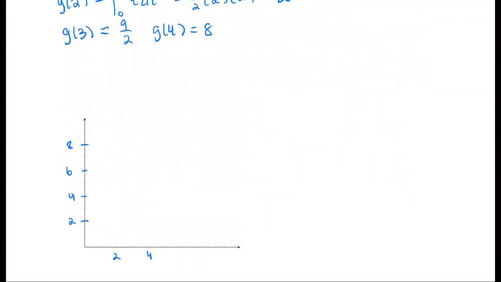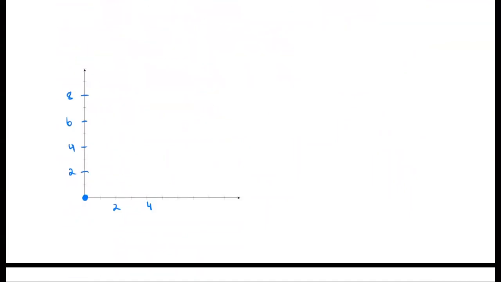So g of 0 is 0, g of 1 we said was a half, so that's going to be about here. g of 2 is going to be 2. g of 3 is going to be 9 over 2, so that's about 4.5, slightly below, so here.